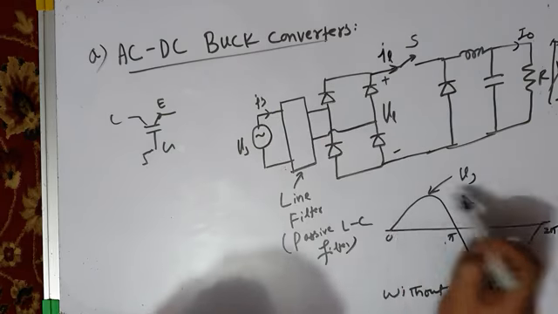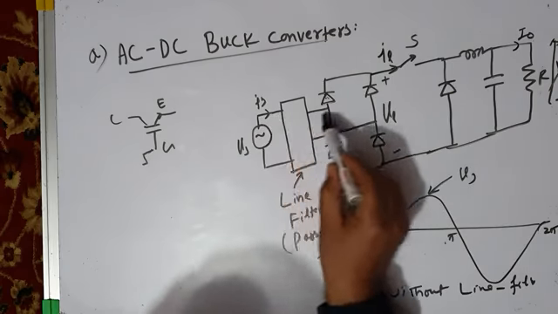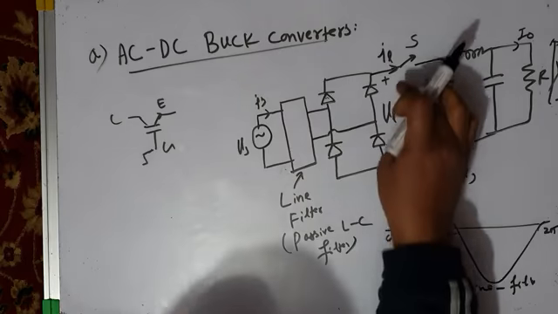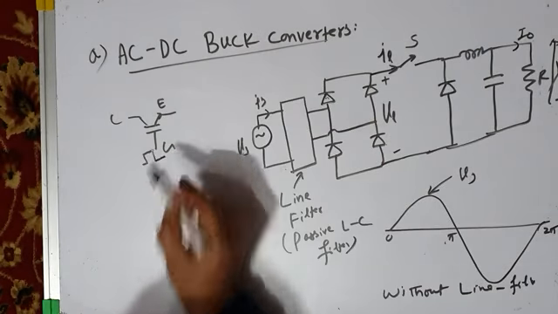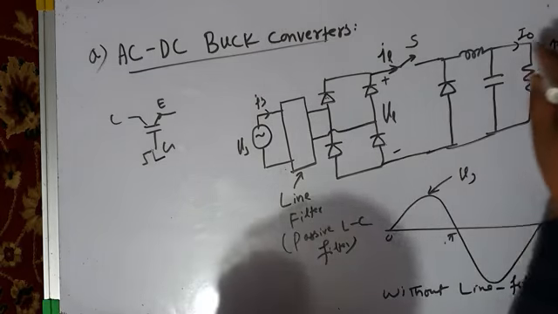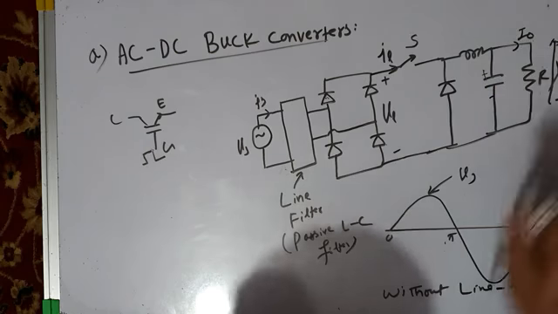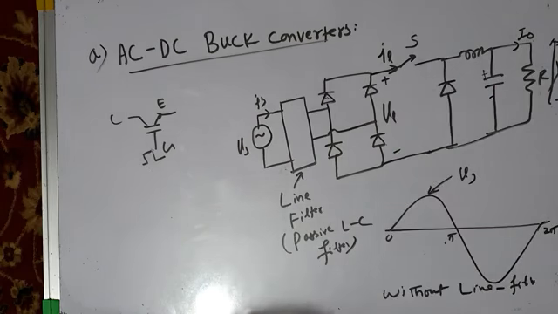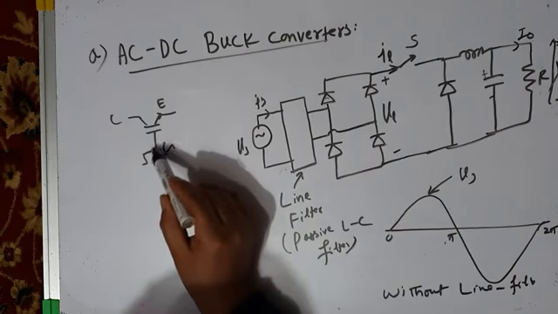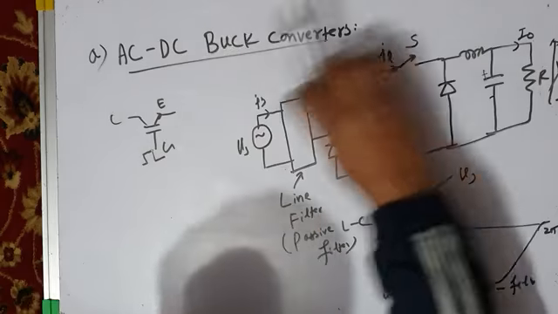ओके अगर सोर्स का पॉजिटिव हाफ साइकिल है, so this pair of diodes will be conducting और करंट इस तरफ फ्लो होगी। और जब ये स्विच ऑफ हो जाएगा, I mean when the pulse is low, स्विच ऑटोमेटिकली ऑफ हो जाएगा, to act as an open switch, ये करंट खत्म हो जाएगी। लोड में तो करंट फ्लो होगी क्योंकि ये capacitor is already there, capacitor will supply power to the load at that time, but सोर्स से कोई भी करंट नहीं आएगी। So that means as long as the switch is closed, control pulse is high at the gate terminal of IGBT, switch is closed, so current is drawn from the source.